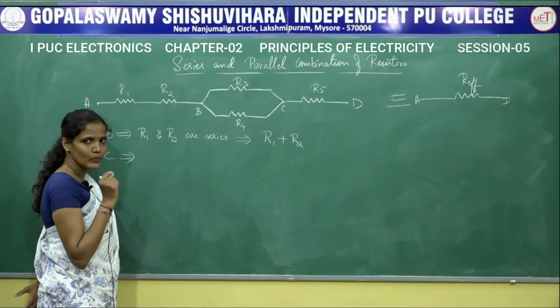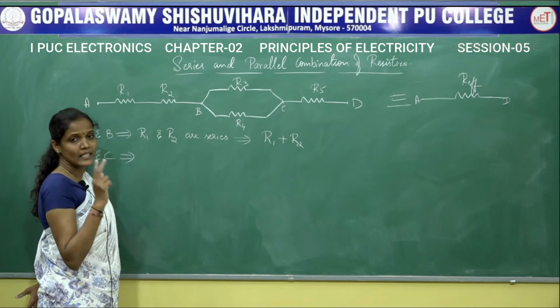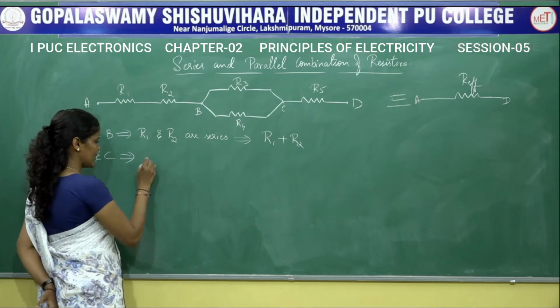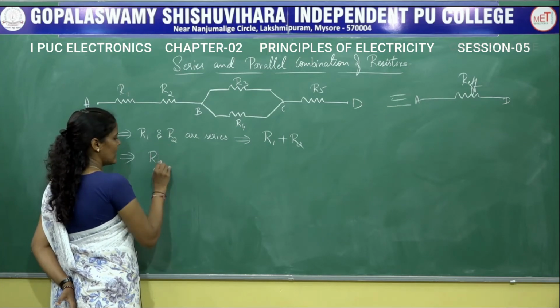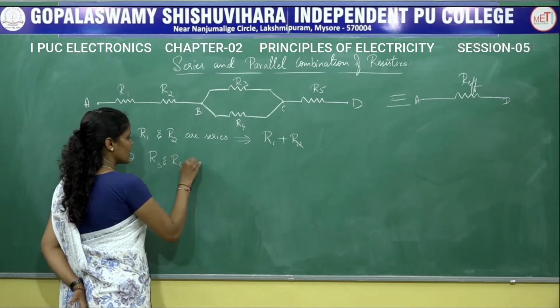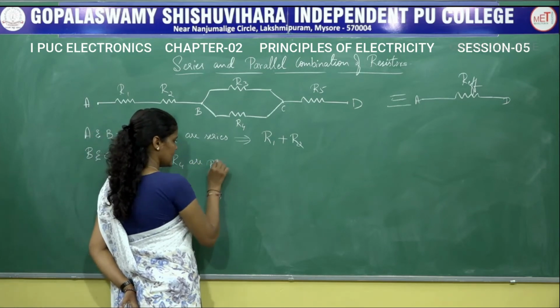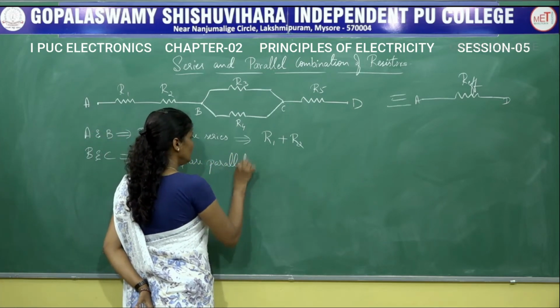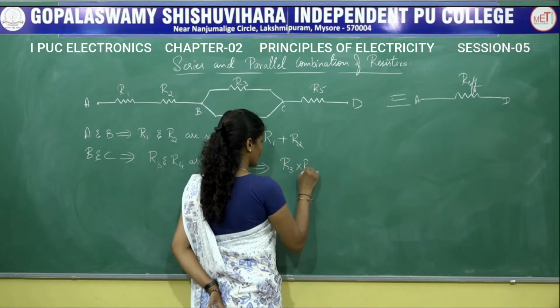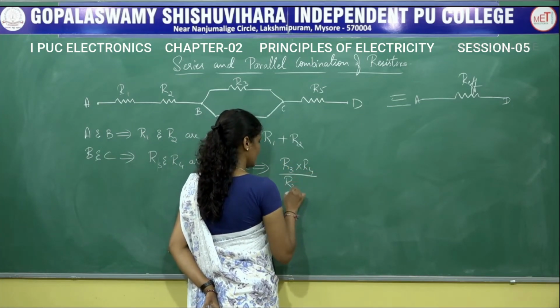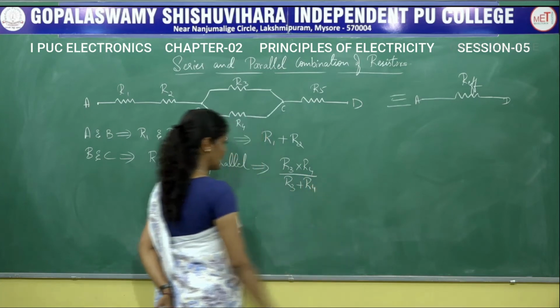Just now we derived an expression for resistors when they are connected in parallel. So I will be getting the expression R3 into R4 divided by R3 plus R4.